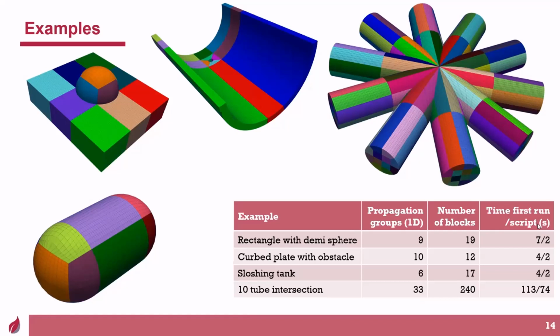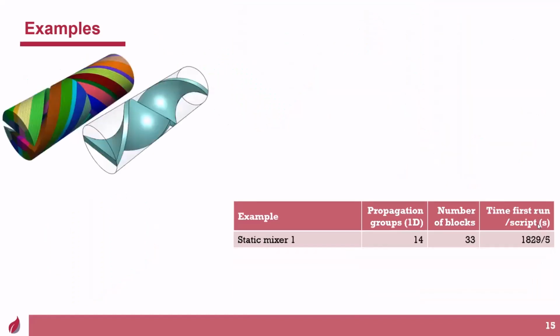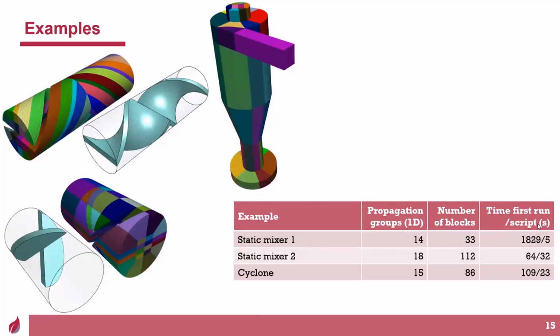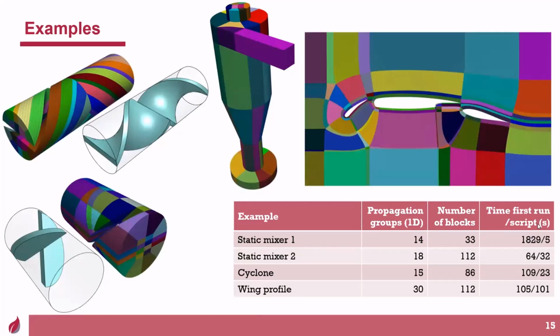And creating the blocking in CAD software is going to allow us to create more complex geometries. For example, a static mixer, another type of static mixer, a cyclone, or even a three-part wing.